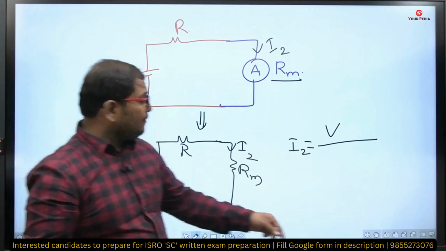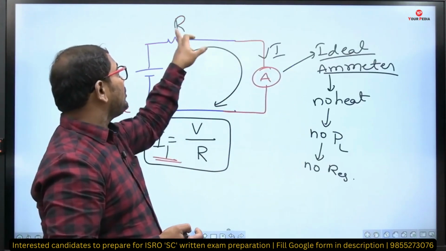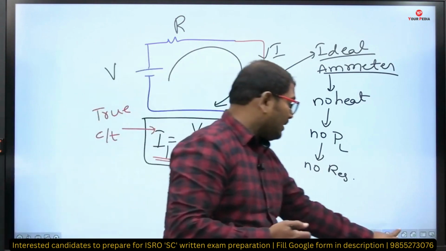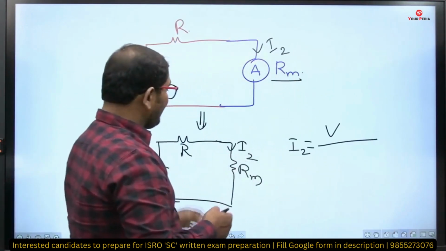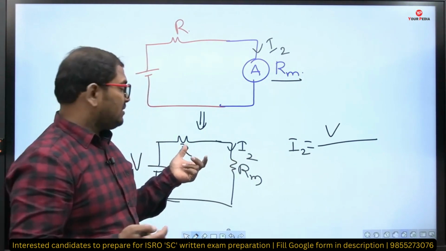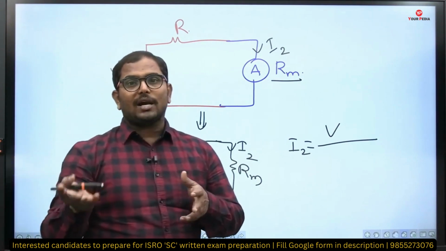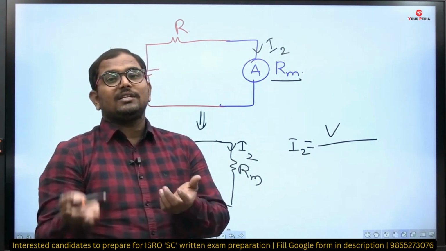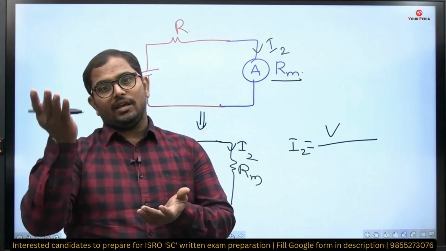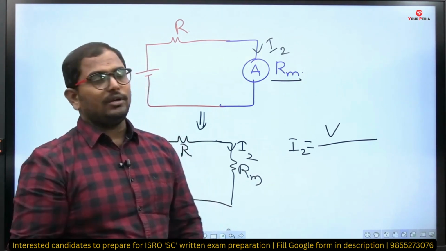Previously, in the total circuit you had only one resistance, but in this new circuit two resistances are connected in series. Because of the series connection, the resistance value increases. Because of the increment in resistance, current goes down.